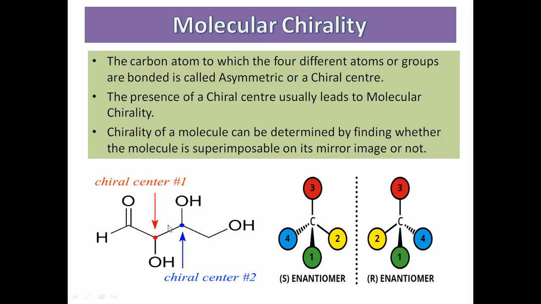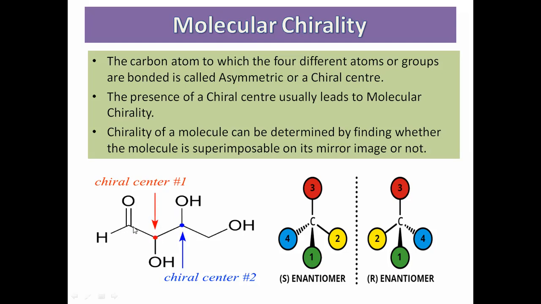Now see, here is an example. In this molecule, see this red dot, this is the carbon. Here this carbon is a chiral carbon. Why?